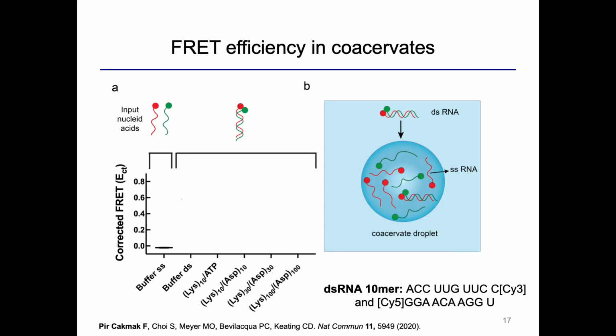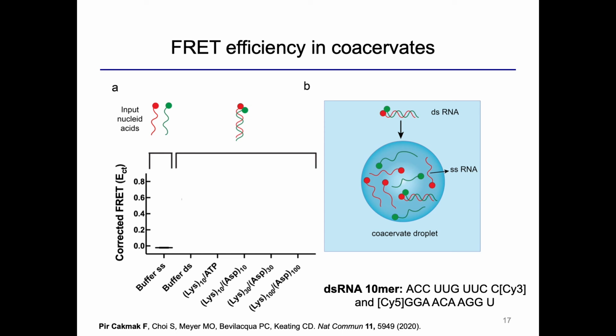If you look at the FRET efficiency graph here, this is for different systems. On the x-axis you will see the different systems, and you will have the corrected FRET values for each system.